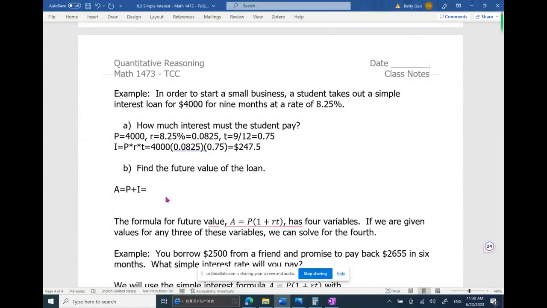The principal is 4,000 and the interest is 247.50, from part A. Adding them together gives $4,247.50. That's the future value of the loan.